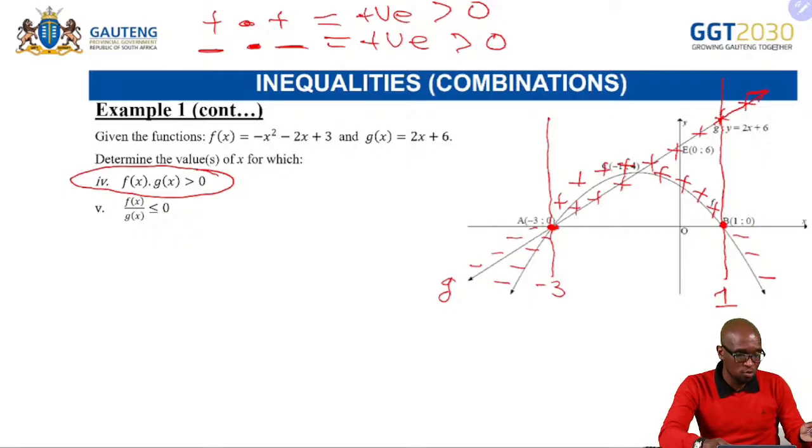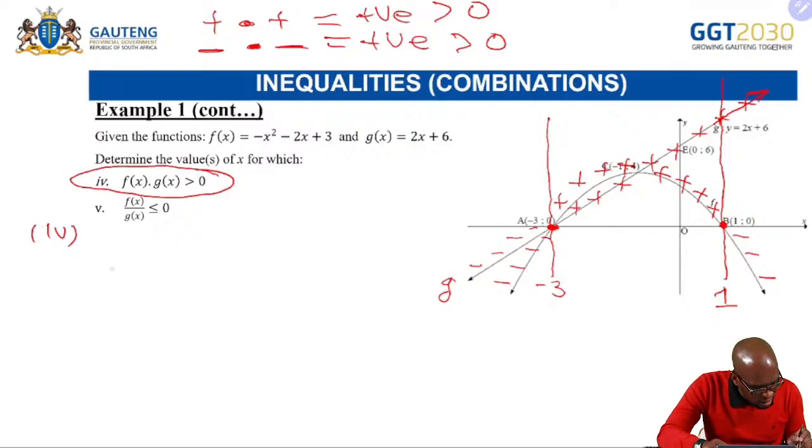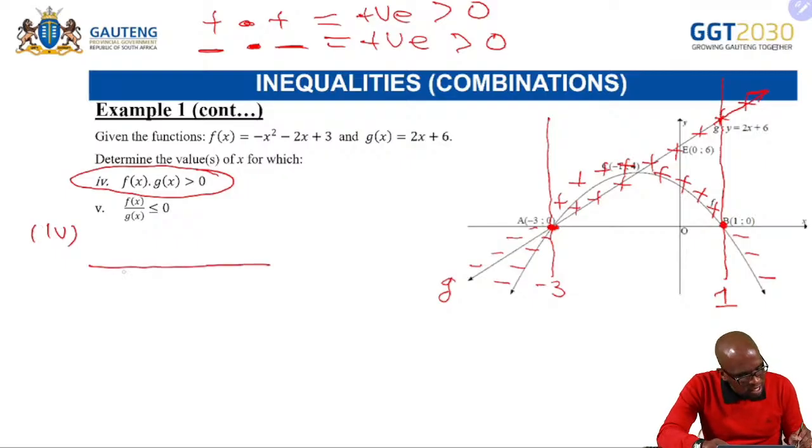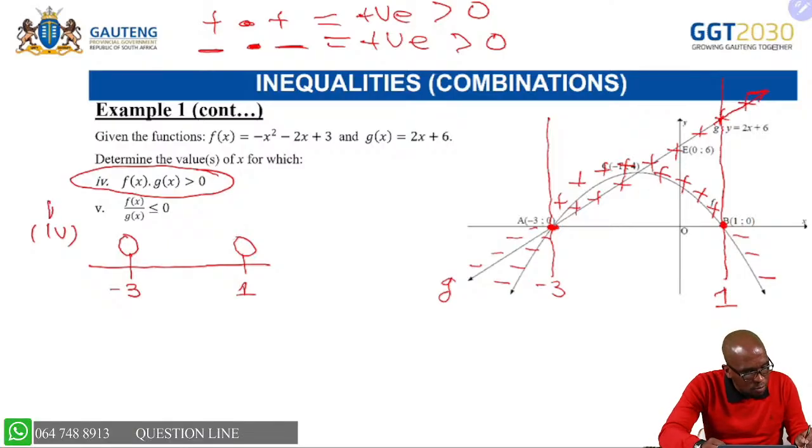In order to write down my solution, I'll take my critical values: minus 3 and positive 1. Because I'm multiplying the two, I'm going to focus on the product. Remember, at the points of reference, the product of the two is 0.